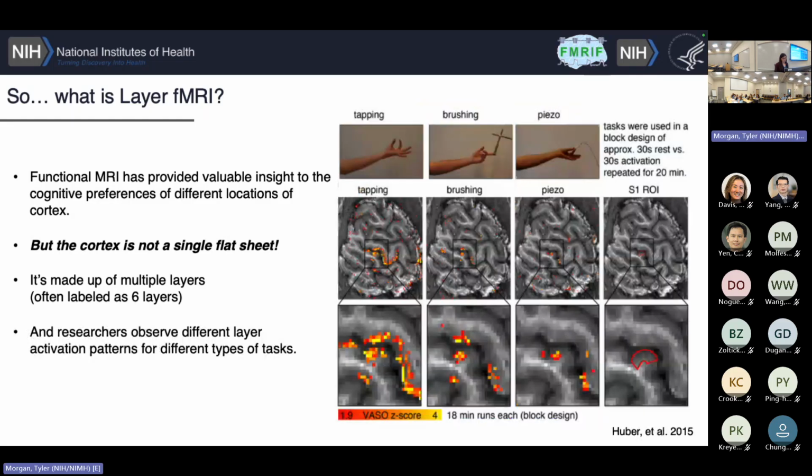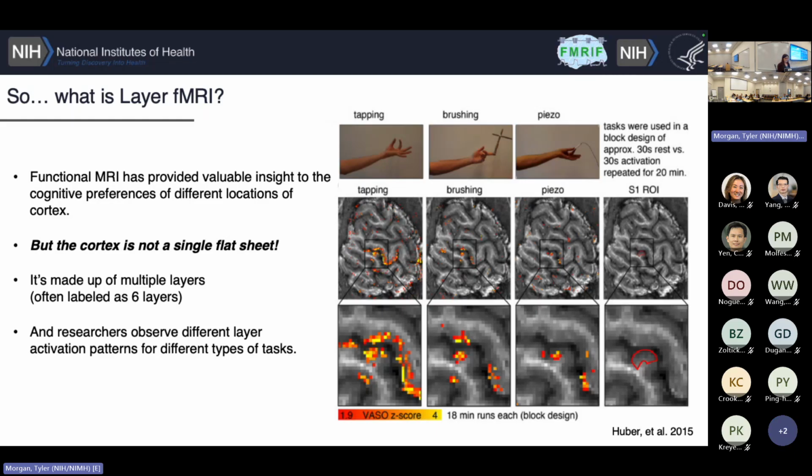What is also really interesting is that when we look at really high resolution fMRI, we start to observe different types of activation, or different layer profiles, for different types of tasks. An example here is people tapping versus their fingers being brushed or having piezo stimulation. Those don't look the same. Some of them have different layers that are associated with them, or different patterns where different layers are stronger or weaker.